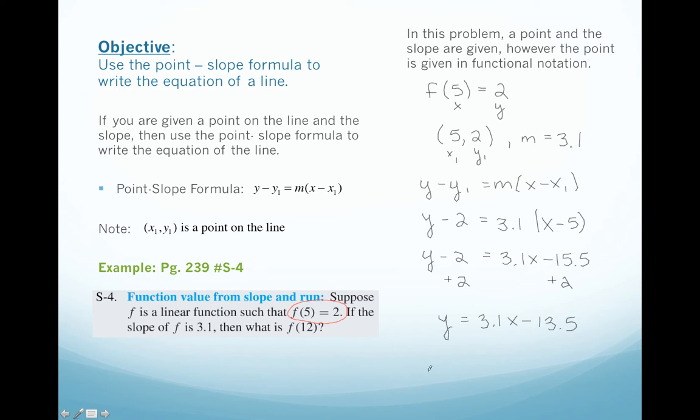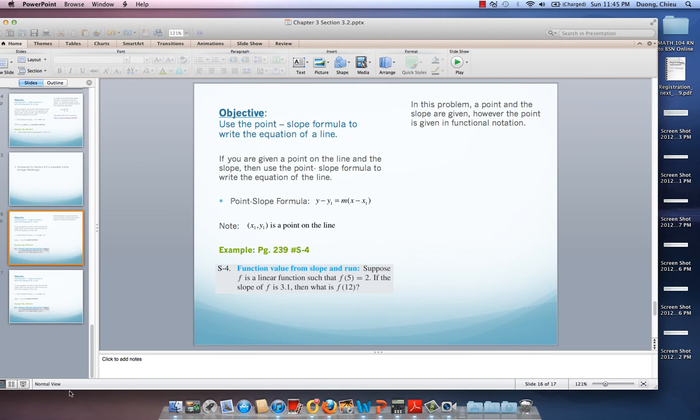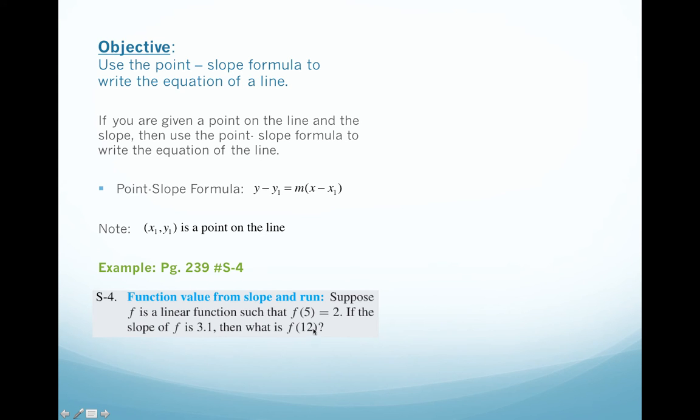All right, now the second part of this question is asking us to find the value of f of 12. So what is f of 12? In order for us to answer this question, we're going to need to use this equation. But before we use that equation, let's talk about f of 12 and what this question is asking us to find.